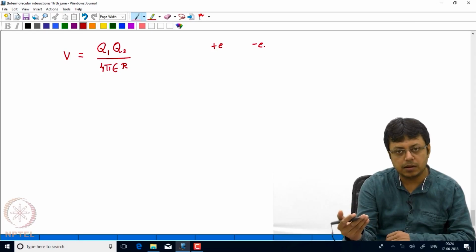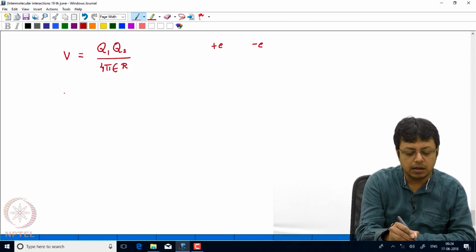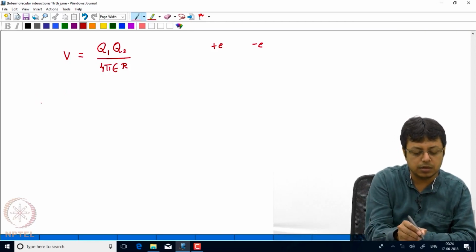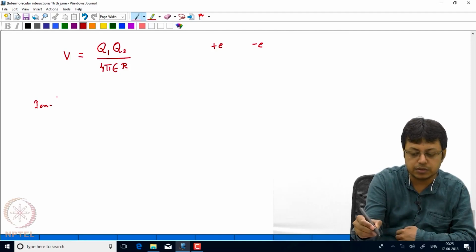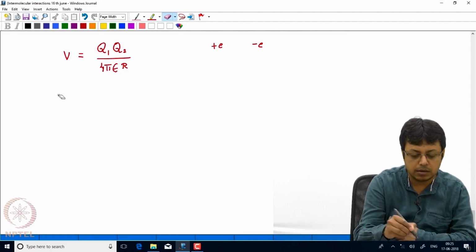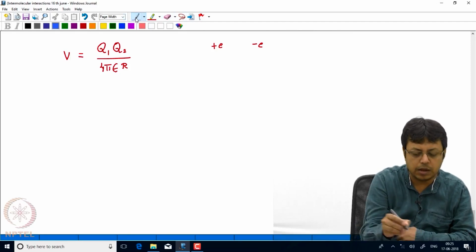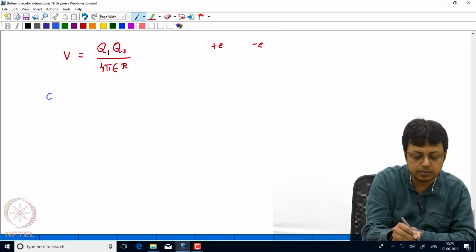That tells you the interaction potential is negative, but the system is a bound system. Similarly, now we can talk about the ion dipole interaction, or more specifically you can call it a charge dipole interaction.